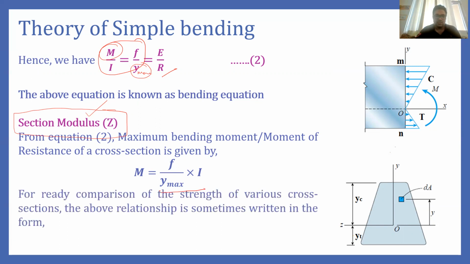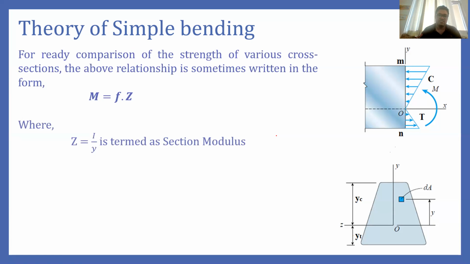In this, I by Y max is sometimes written as Z. This Z is called the section modulus.